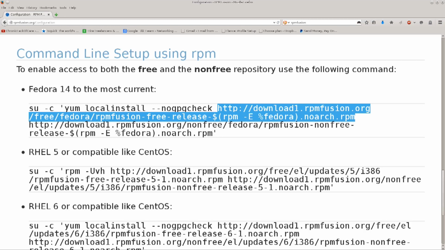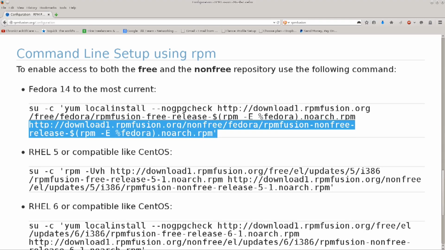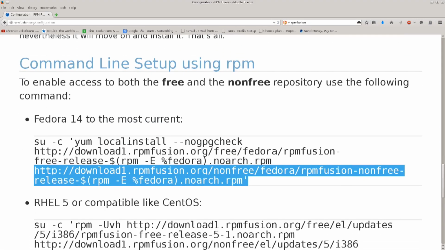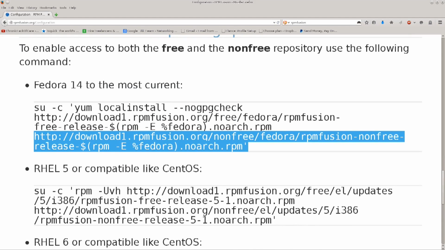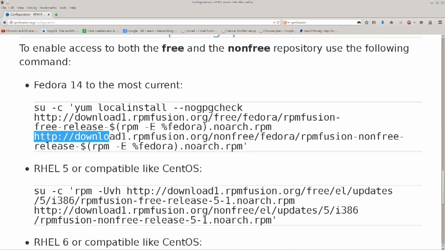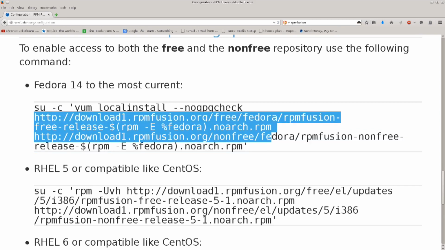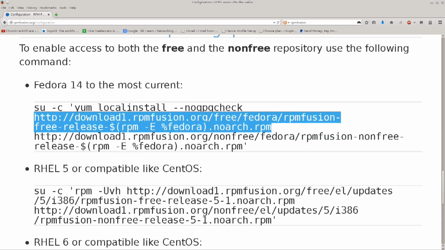And down below you have the second address, again download rpmfusion.org, and it says non-free. So I'm highlighting the entire thing here. Let me just zoom it in a bit more so everybody can see. And there you go. They're not completely different addresses, but they are definitely different addresses referring to different types of repositories.